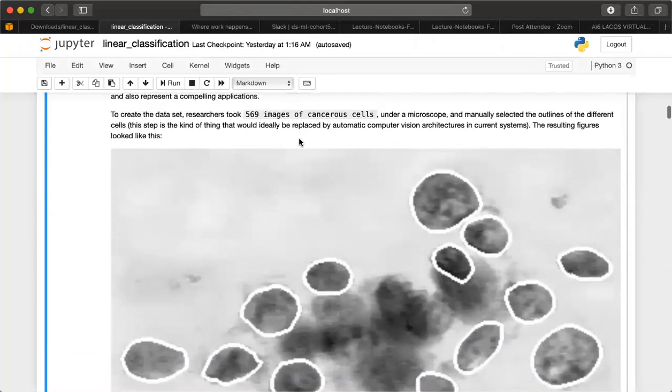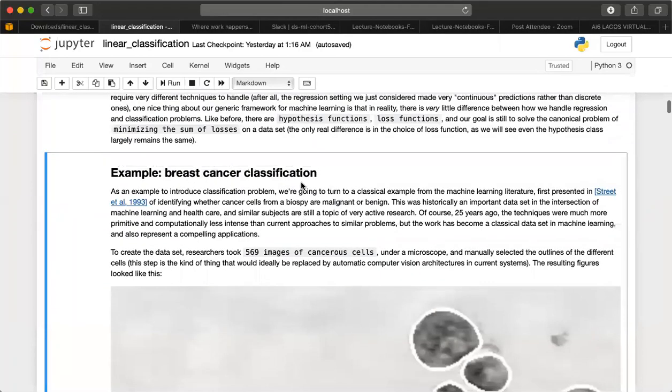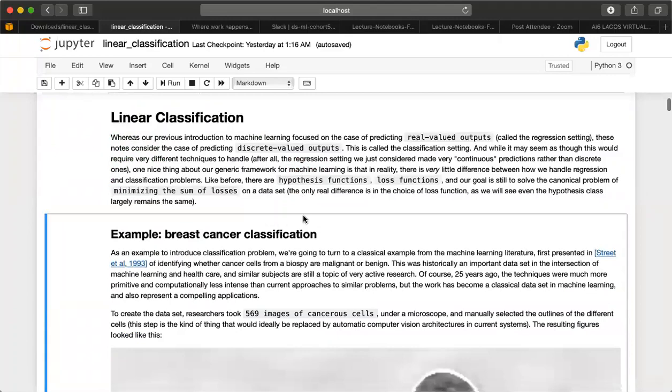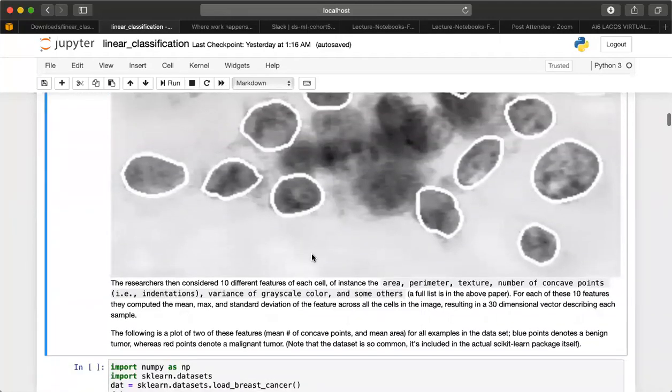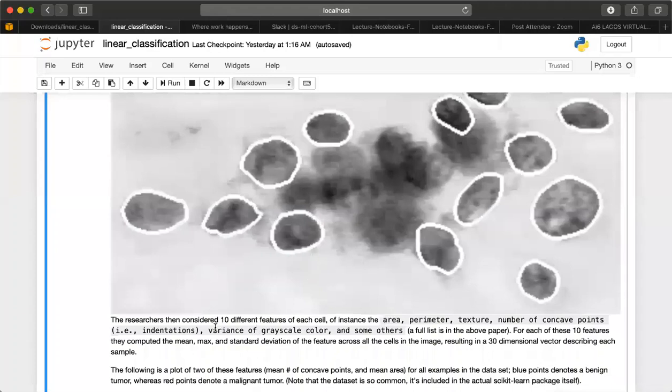So the data set was taken from 569 data points, right? Meaning that they picked 569 cancerous cells and then studied their properties, yeah? And after studying the properties, they came out with 10 different features of the data, which included the area, the perimeter, the texture, number of concave points, and some other things.